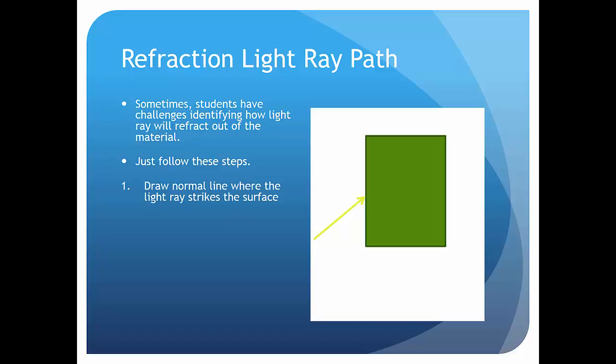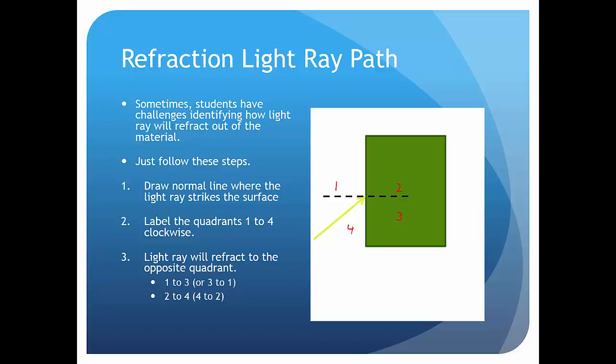First, you always draw the normal line where the light ray strikes the surface. So this is a normal line. Second, if you want to know where the light ray will go, just label the quadrants 1 to 4. You can label it, for example, 1, 2, 3, 4, in terms of clockwise.